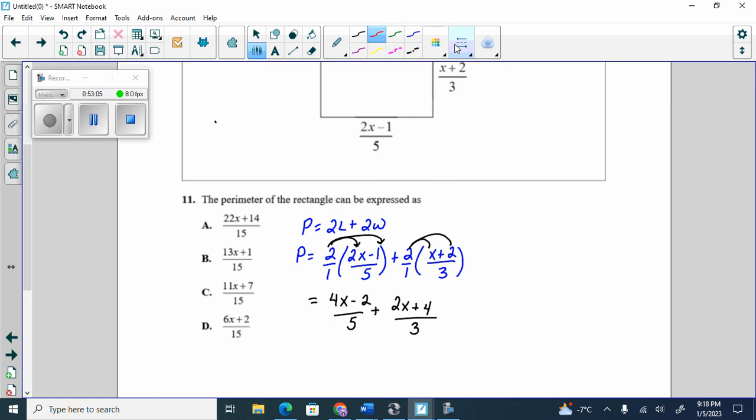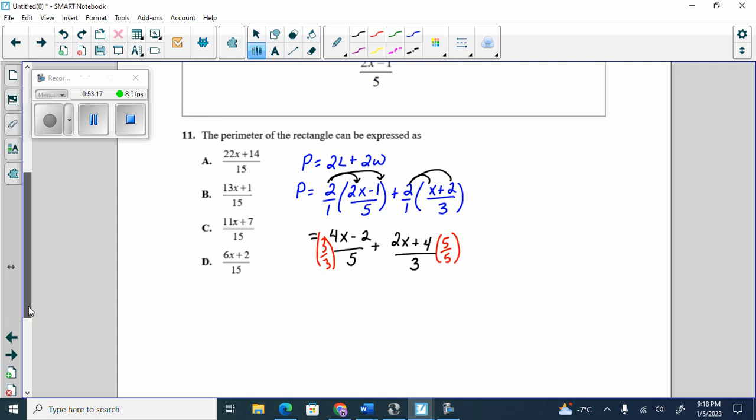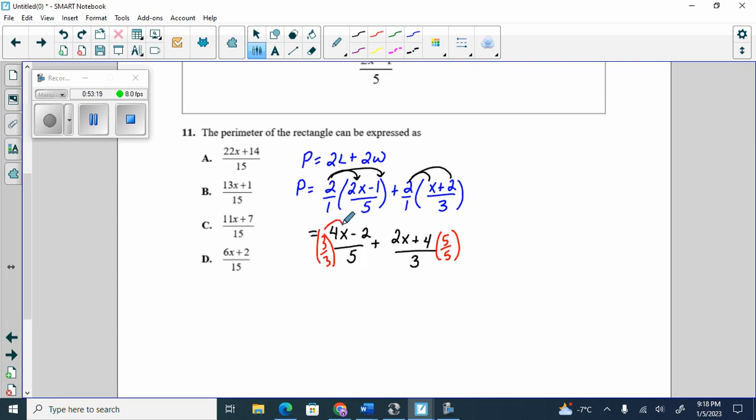So you're going to multiply this one by 3 over 3 and this one by 5 over 5. And so we're going to get 12x minus 6 over 15 plus 10x plus 20 over 15. Common denominator means we can write them all over it.